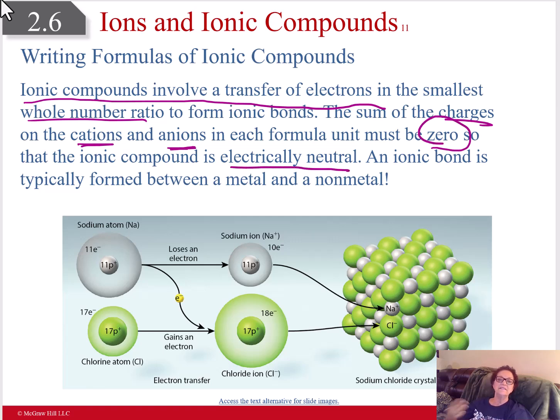That's when it's stable. An ionic bond is typically formed between a metal and a non-metal because that's where you're going to get the plus and the minus, and you're always going to have to have the same number of pluses and minuses from your ions in order to get that neutral overall charge.